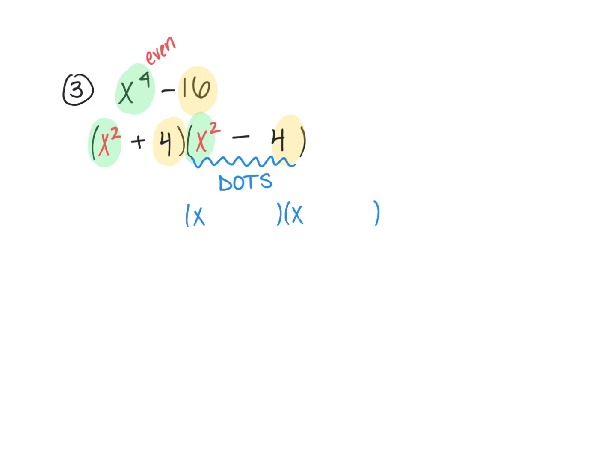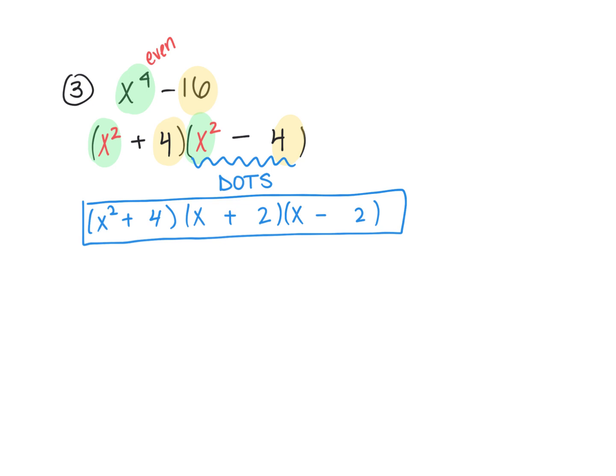And then we take the square root of 4, which is 2, and that's going to go here and here. And we need a plus and a minus. Now, all you have to do with this piece is just bring it down. So this piece is x squared plus 4. And this is your final answer.